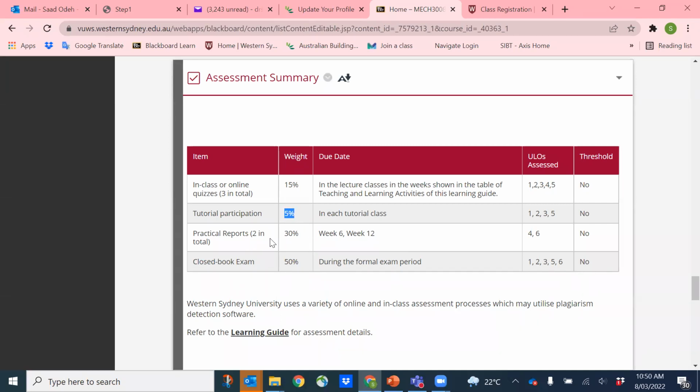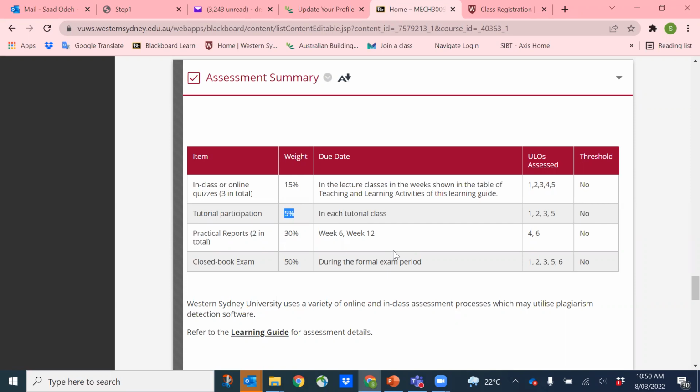And then we have 2 practicals, as we said, probably around week 6, or we'll see, we'll let you know anyway at that time. But each practical is weighted 15%. So you can see that it's really a big weight. So 2 practicals, 30%.